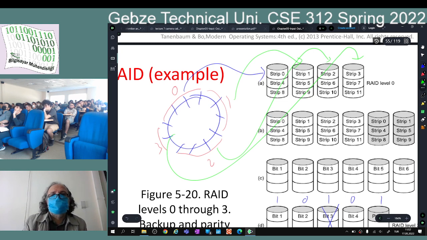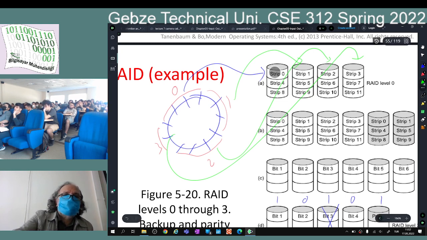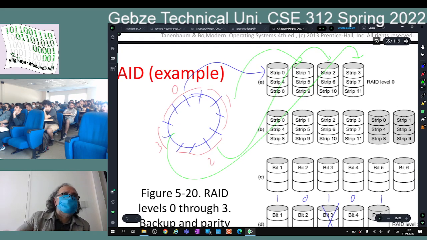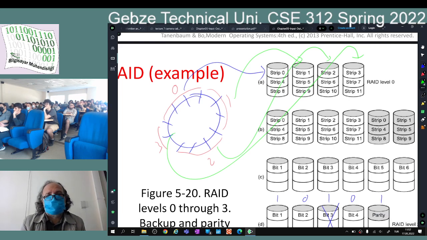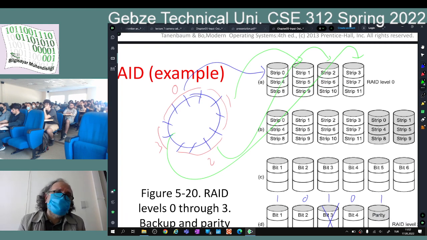If you keep reading around the same data, from strip 0, strip 4, and strip 8, you are not using your parallelized structure. Your speed is the same as the single disk. So this one doesn't need any synchronization. Well, it needs synchronization, but not as careful as this one. But there might be some issues with the parallelization.